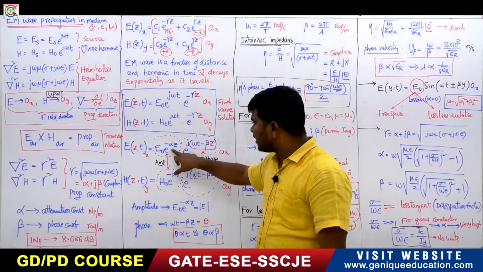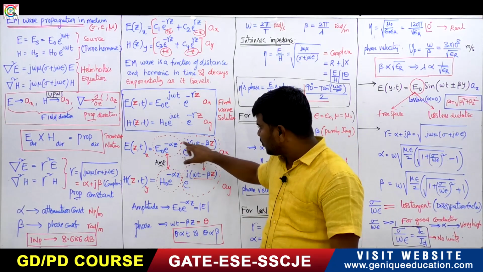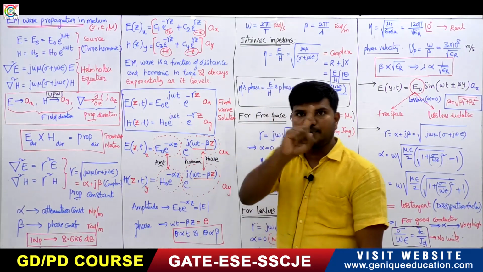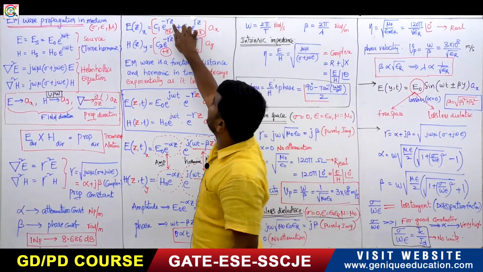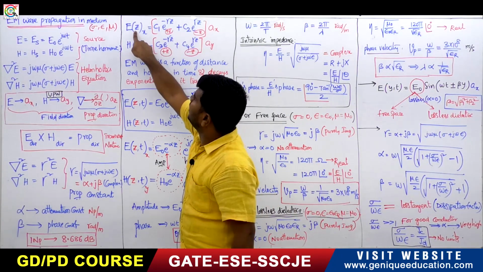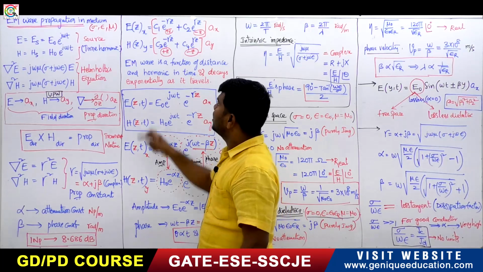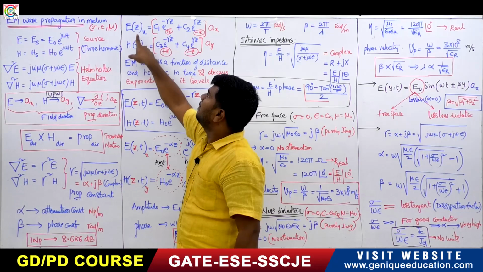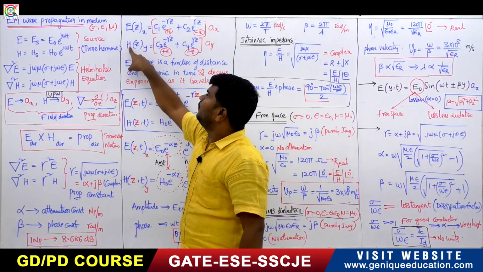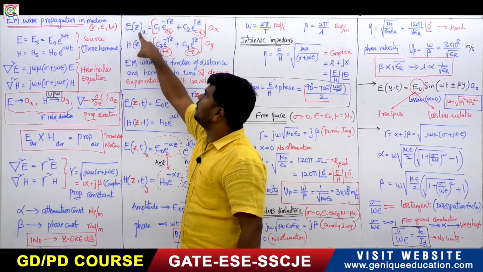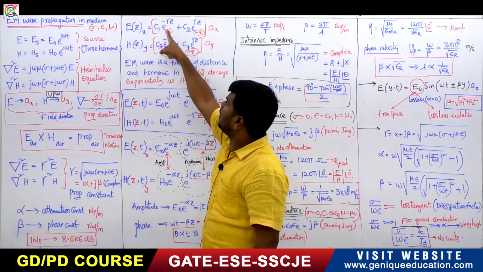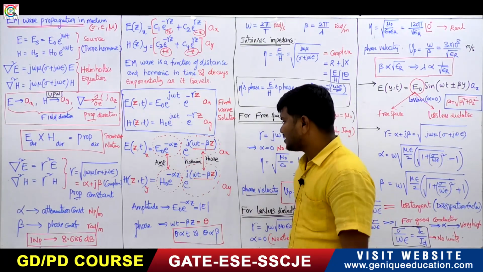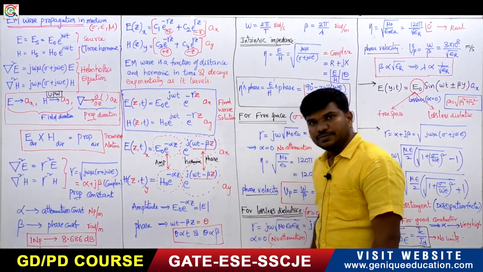Whatever is there in the exponential, it must be there in the bracket. That is the point you have to understand. So it is the direction of the field. But if E and H are functions of z, we have to write the exponential in that z only.